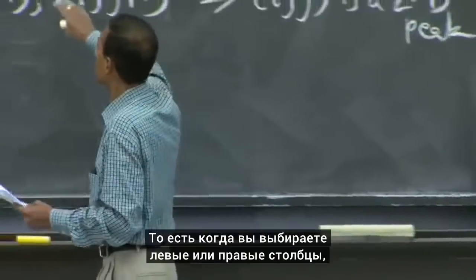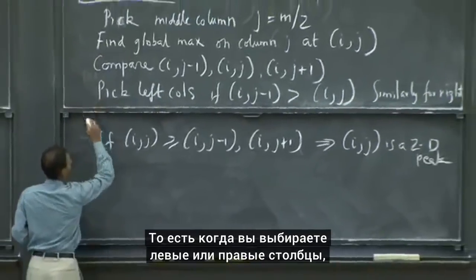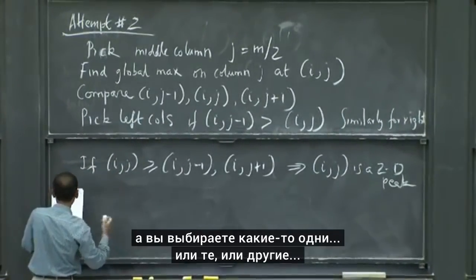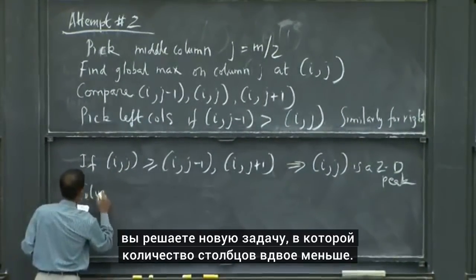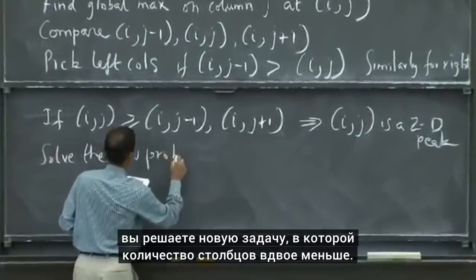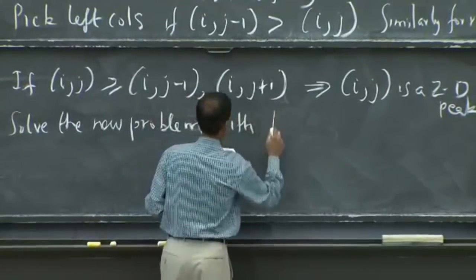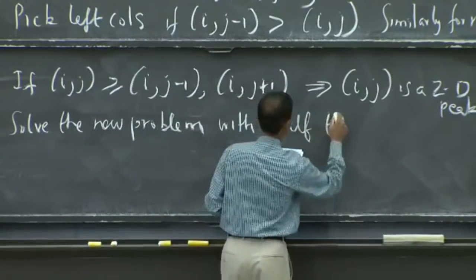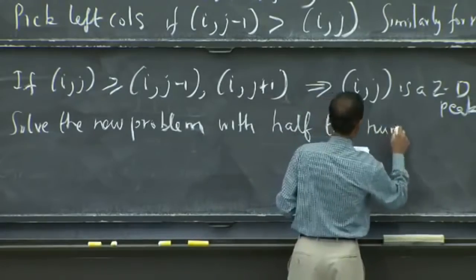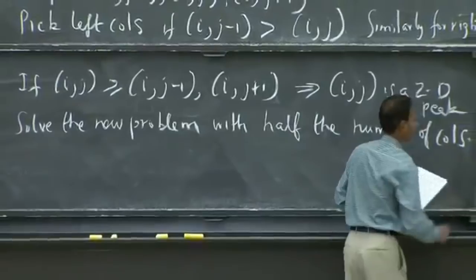Okay? So in this case, when you pick the left or the right columns, you'll pick one of them. You're going to solve the new problem with half the number of columns. All right?